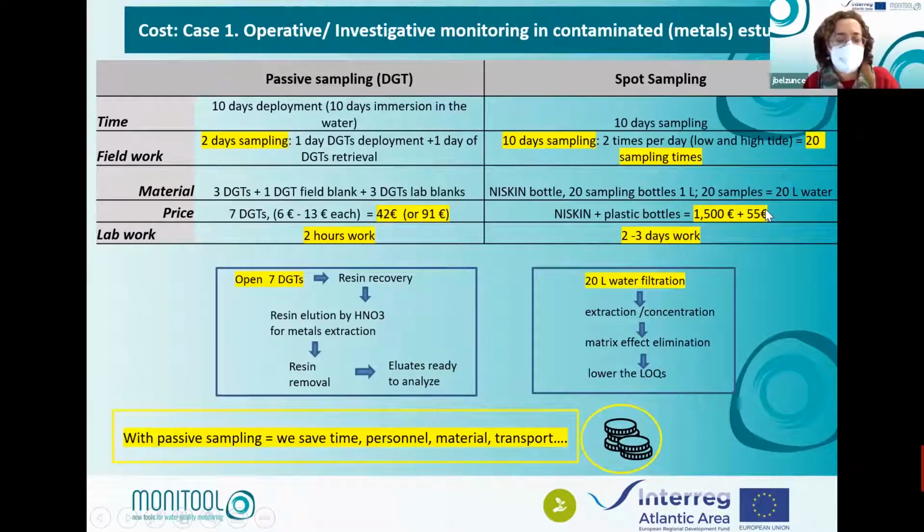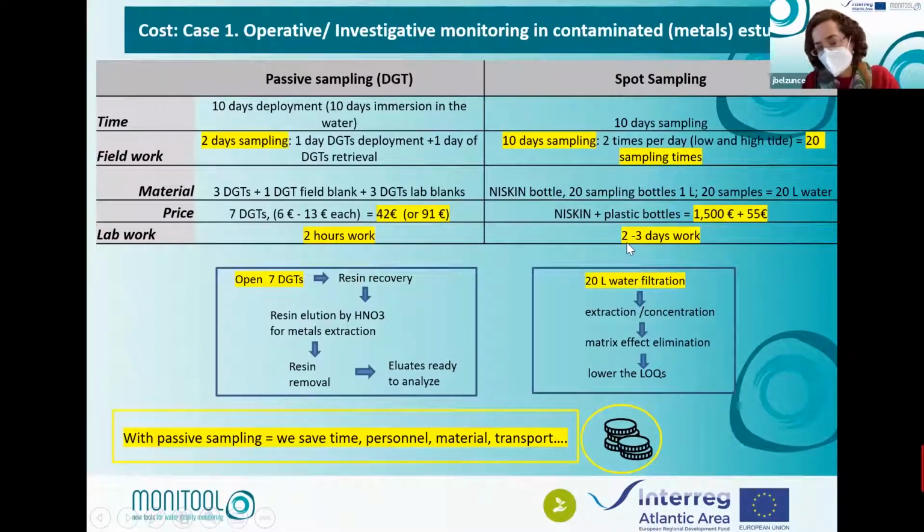Regarding the laboratory work, once you open the DGTs and they are prepared, ready to analyze, you need just 2 hours of work, more or less. For the samples that you get with the spot sampling, you have 20 liters of water to filtrate and do the other steps to get it ready for analysis.